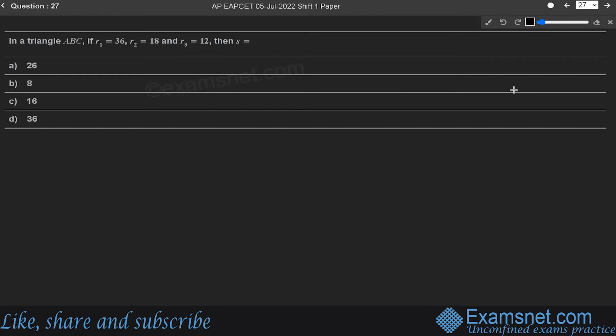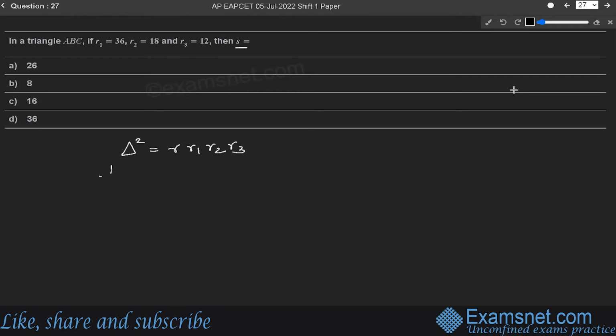We know that here S refers to the semi-perimeter. Semi-perimeter is delta divided by R, and delta is the area of the triangle. So we know that square of the area of triangle is equal to R into R1 into R2 into R3.